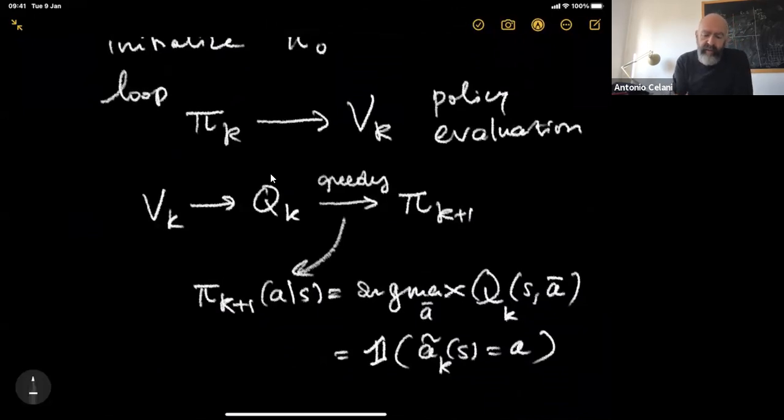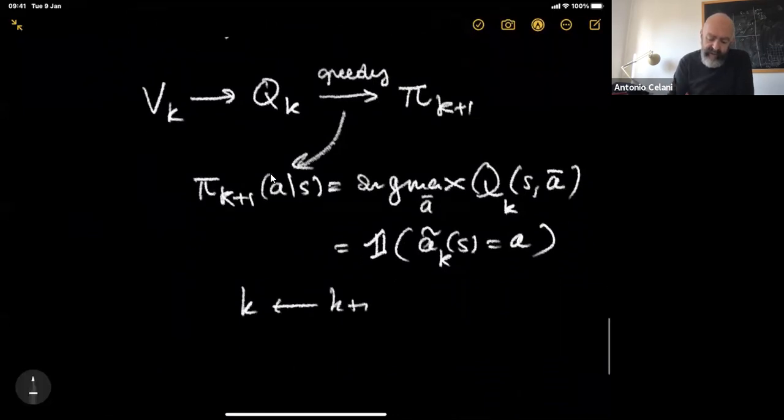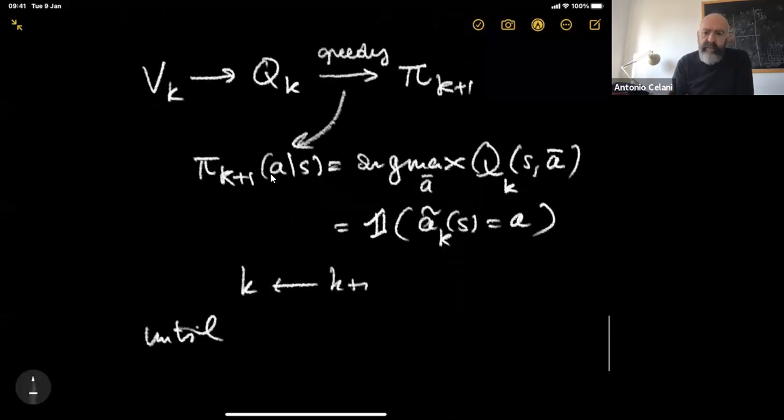So you see the flow. Policy, value, Q function by the greedy choice, new policy. Then k plus 1 goes into k, and you close the loop until some termination condition.